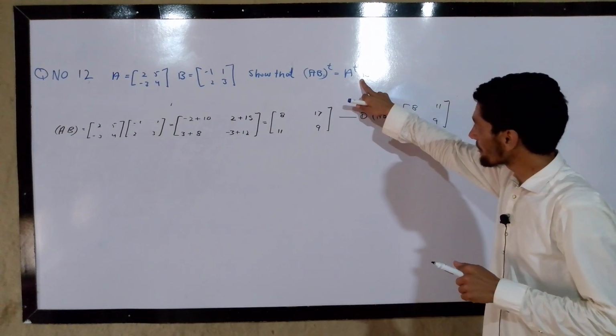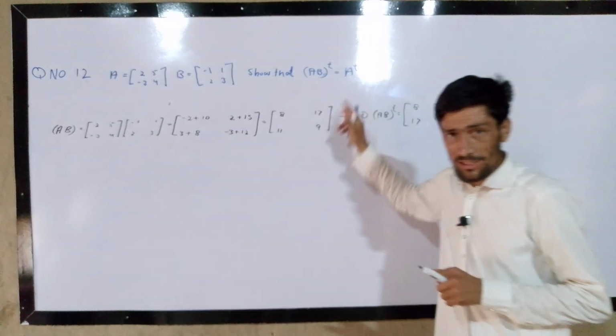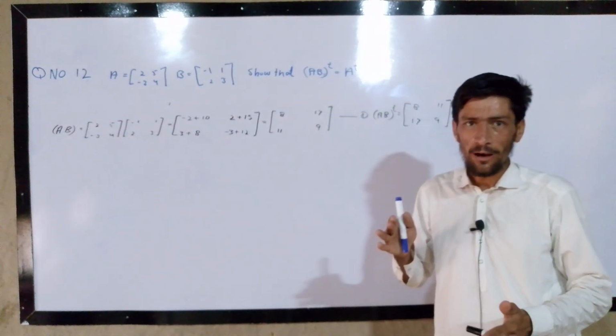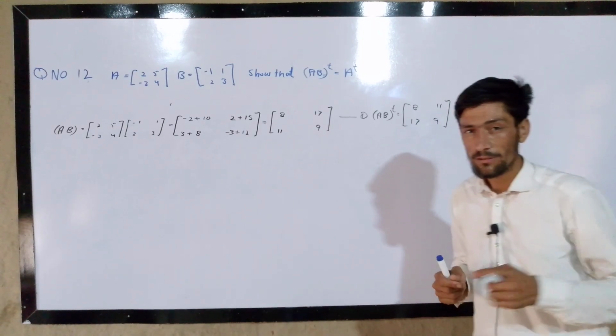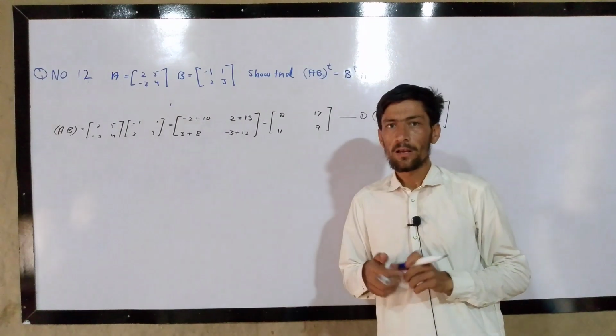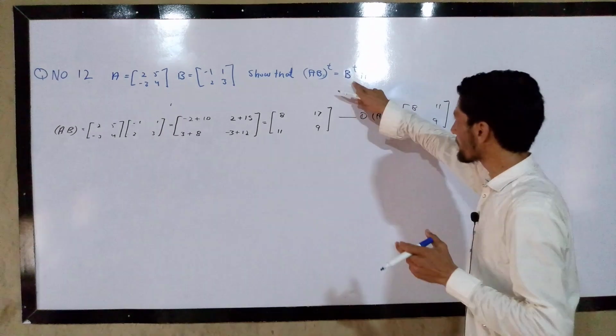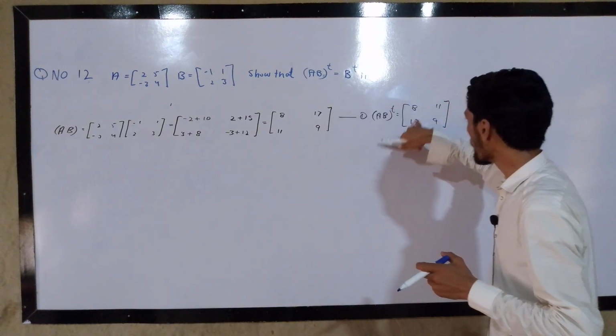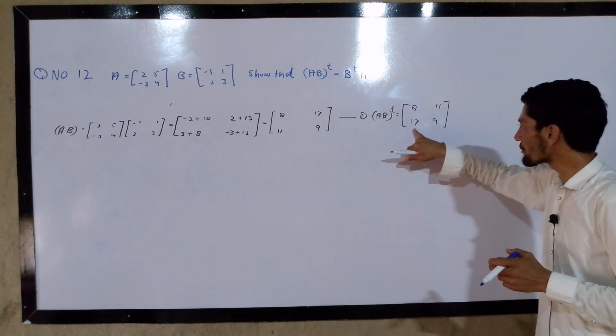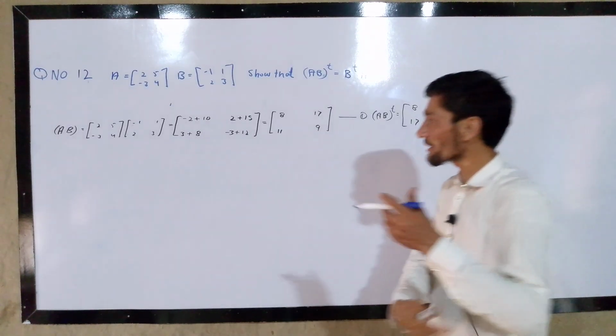Now I will check whether this is capable of applying the law of multiplication or not. We will check that B transpose cross A transpose is equal to 8, 11, 17, 9 or not. Let's check this.